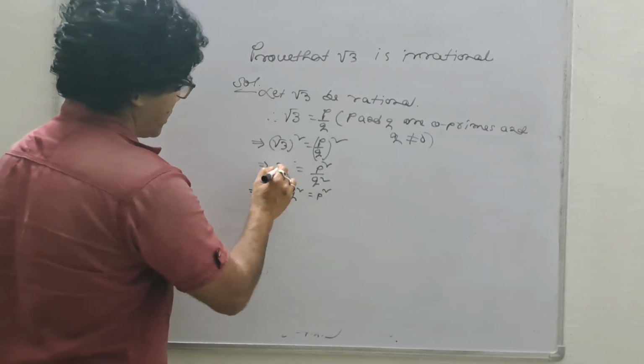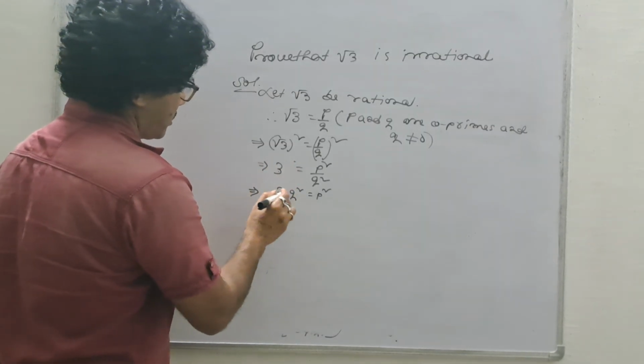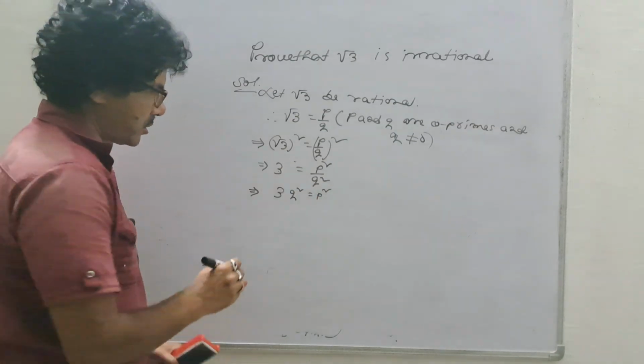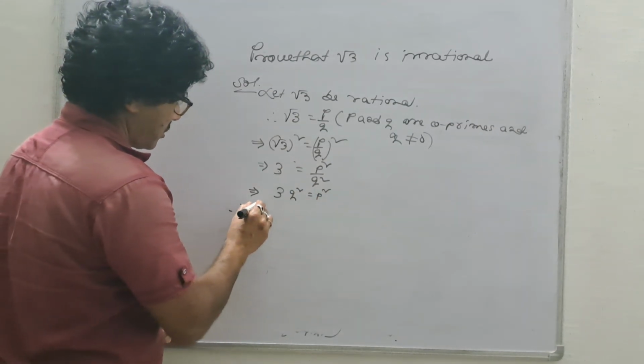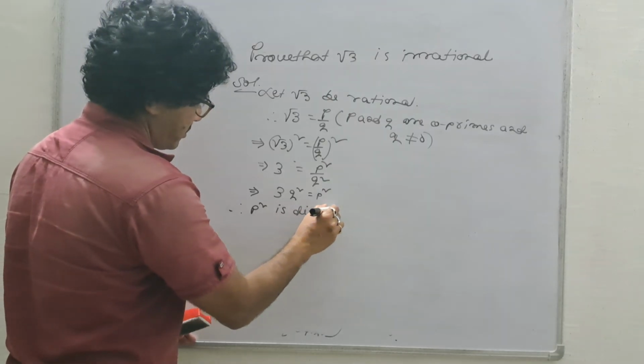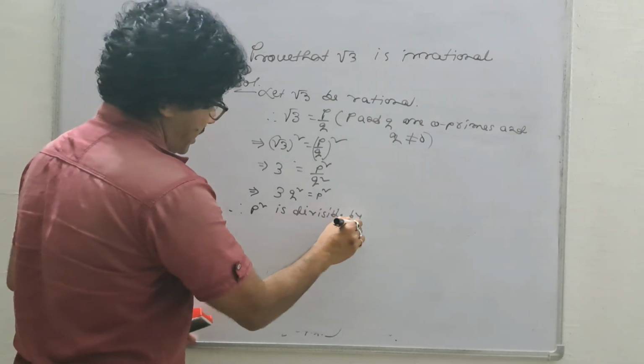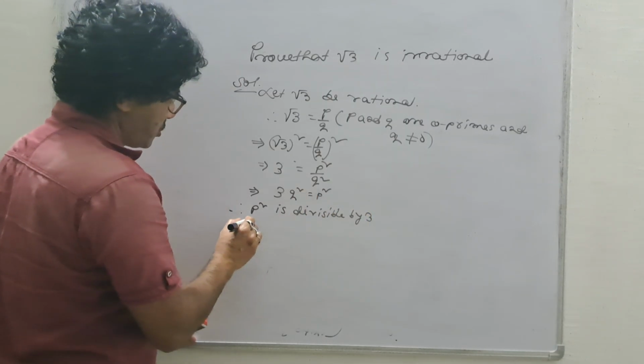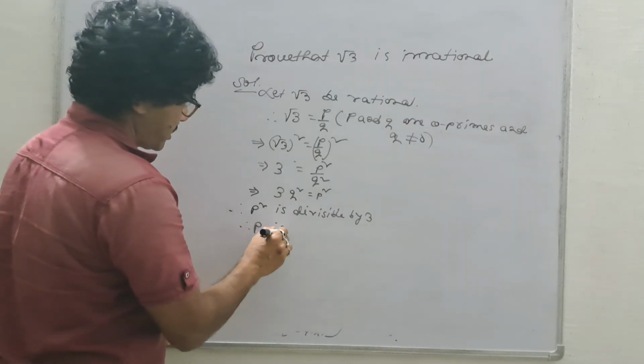Root 3 squared is 3. So p squared is equal to 3q squared. Therefore, p squared is divisible by 3. P squared is divisible by 3 means p is also divisible by 3.